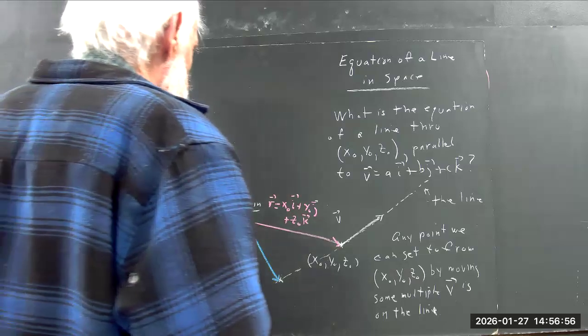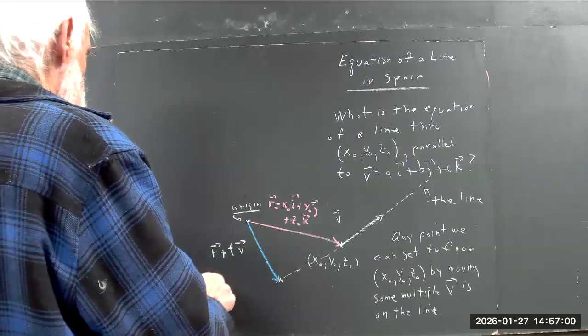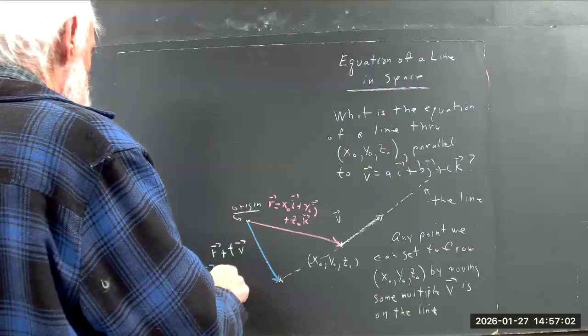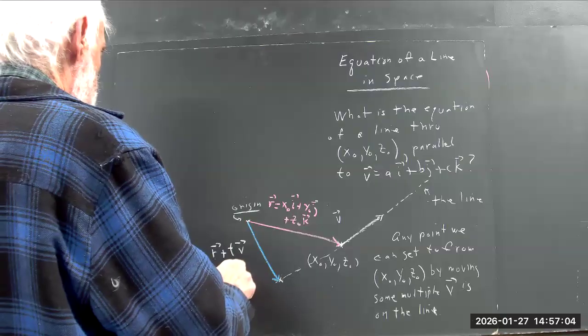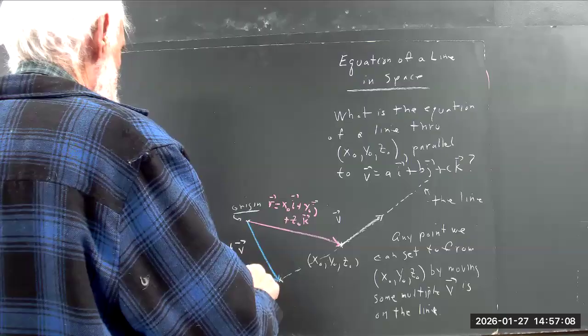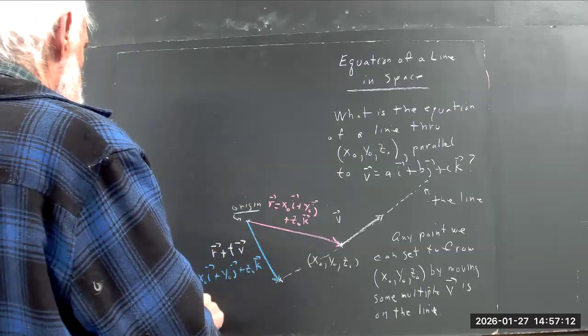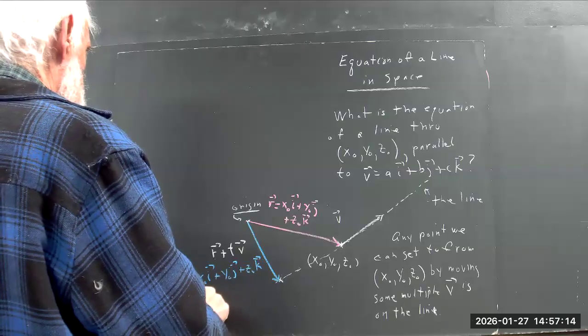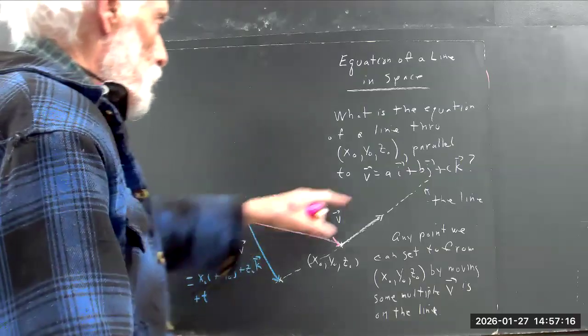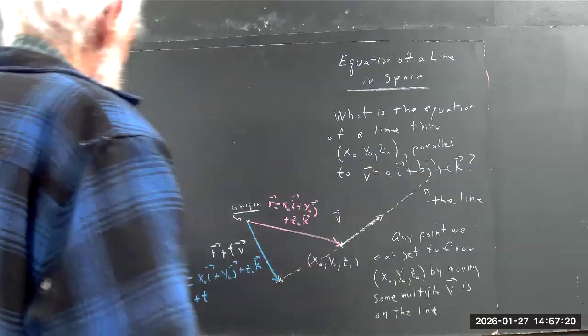R plus tv is then x naught i plus y naught j plus z naught k plus t multiplied by the vector ai plus bj plus ck.